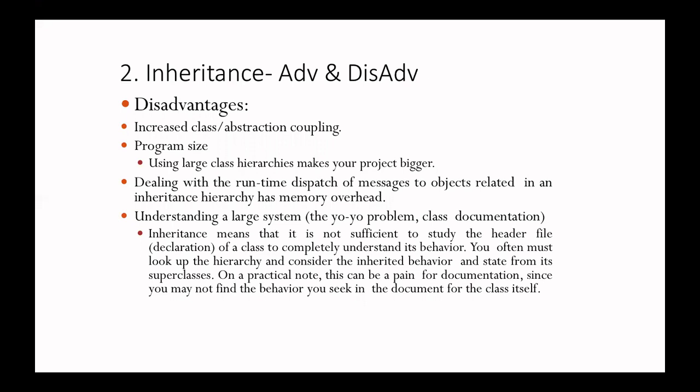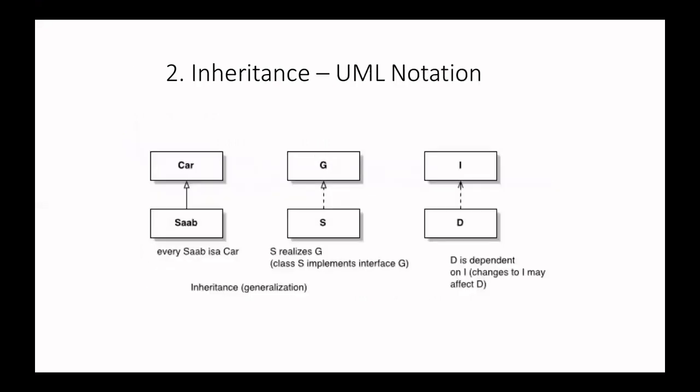On a practical note, this can be a pain for documentation since you may not find the behavior you seek in the document for the class itself. These are some disadvantages of inheritance. Here is the UML notation for inheritance and generalization.